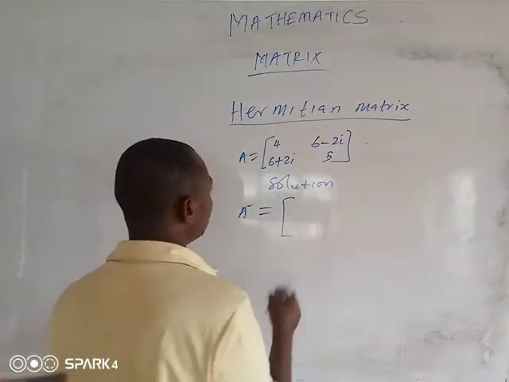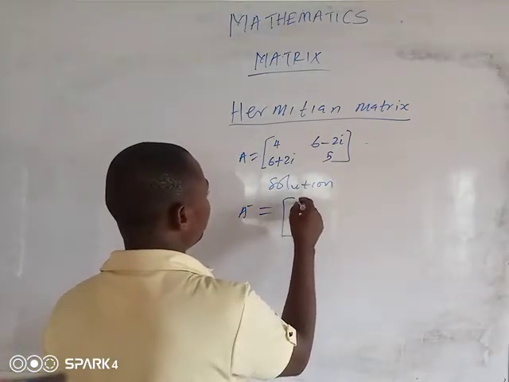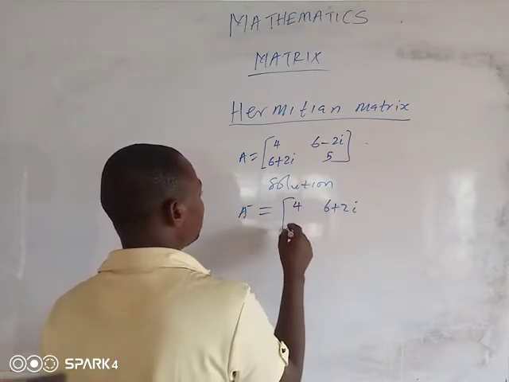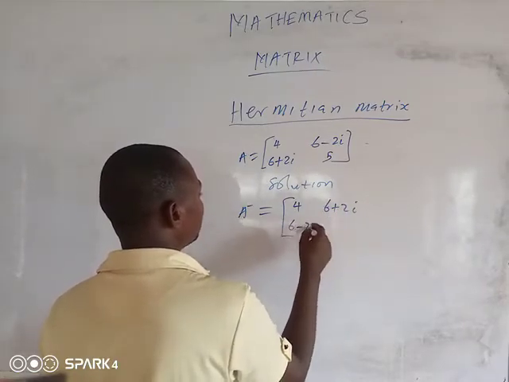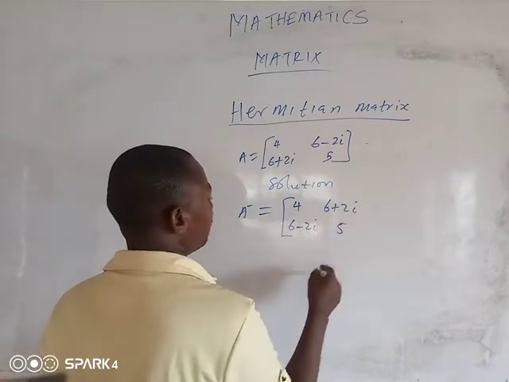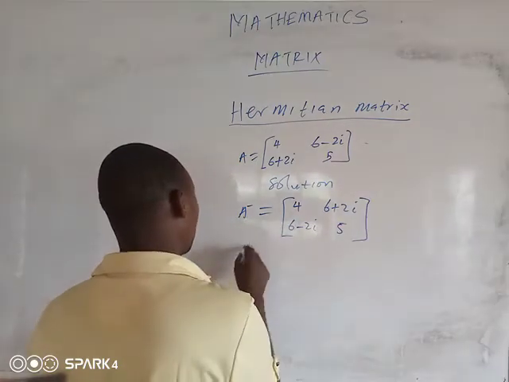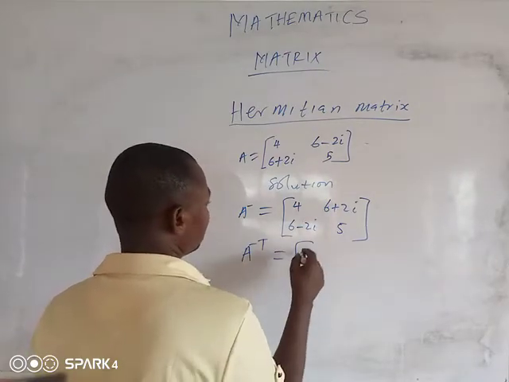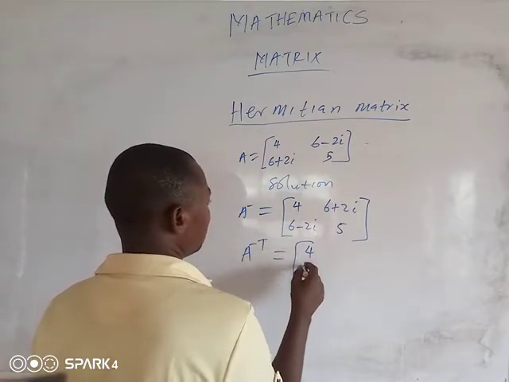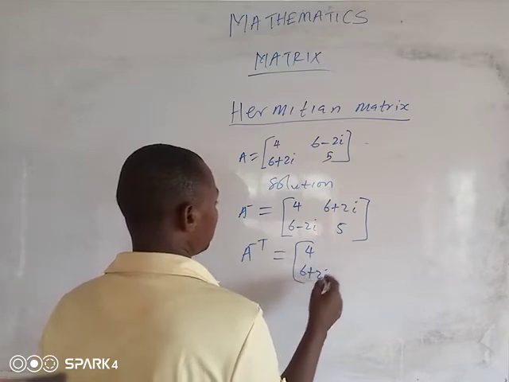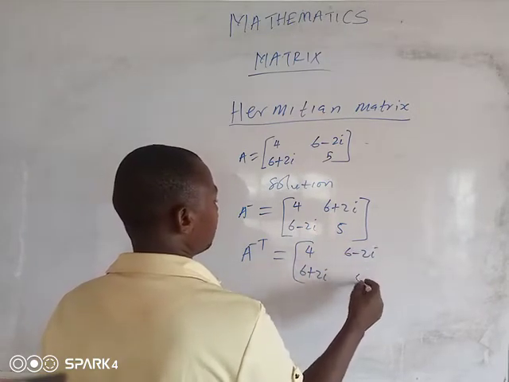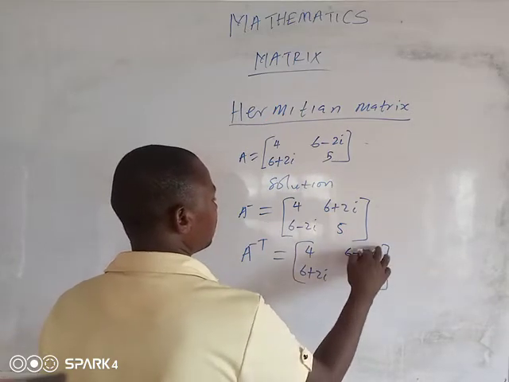So this one will give us 4, 6 plus 2i, and 6 minus 2i, 5. We now have A bar transpose, which gives us 4, 6 plus 2i, 6 minus 2i, 5.